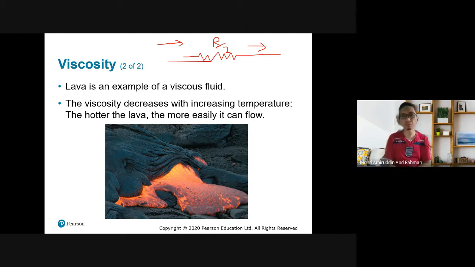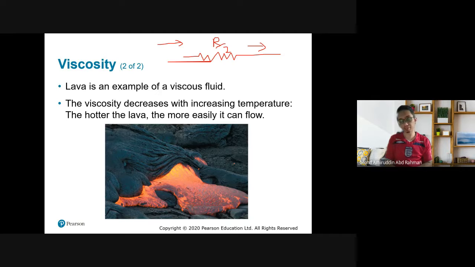It is a very hot temperature. That's why you see that the lava flows at a very high rate during the initial explosion.